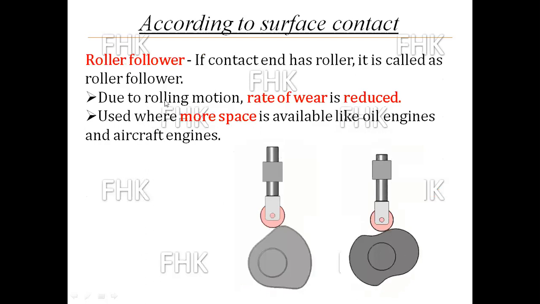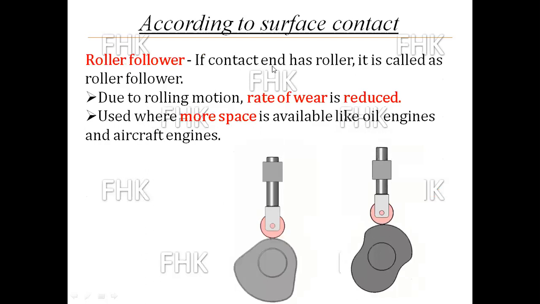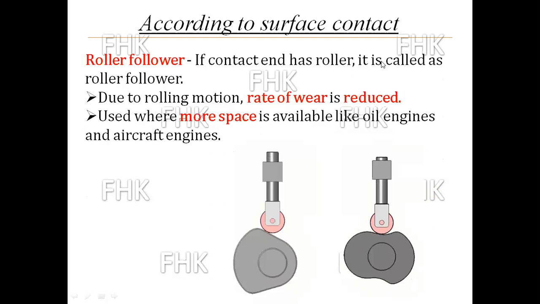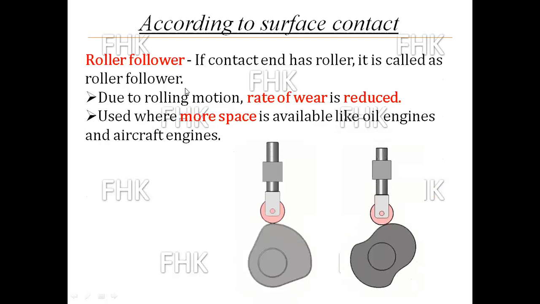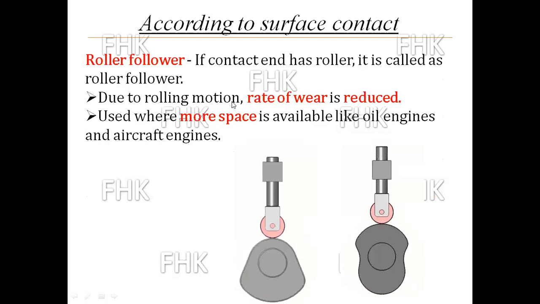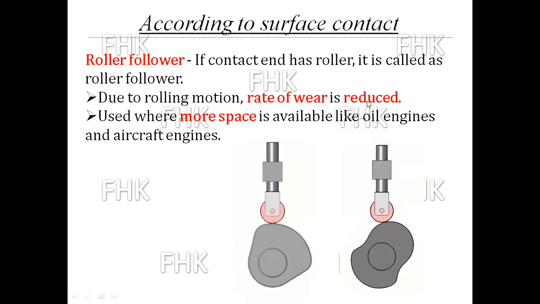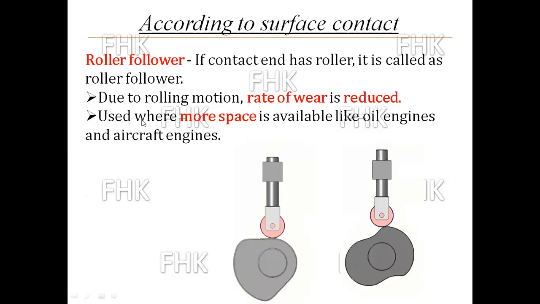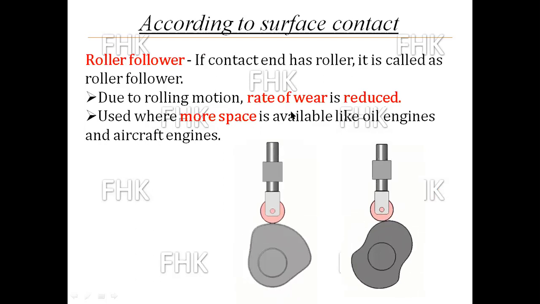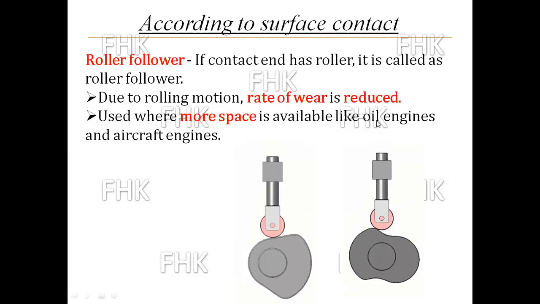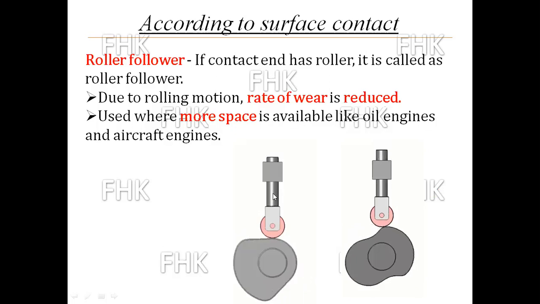Second follower is a roller follower. If the contact end has a roller, it is called a roller follower. And due to the rolling motion, the rate of wear is reduced. This follower is used where more space is available, like oil engines and aircraft engines.